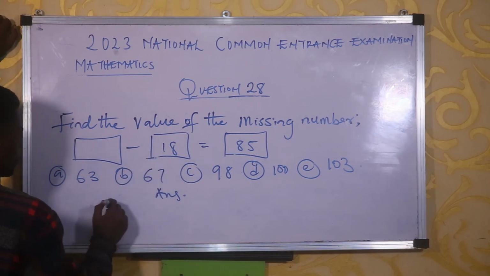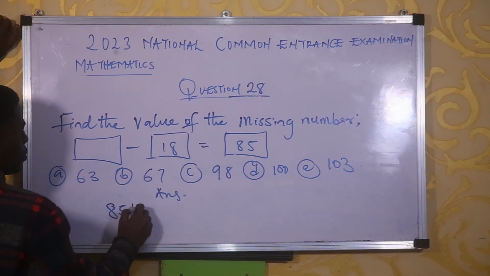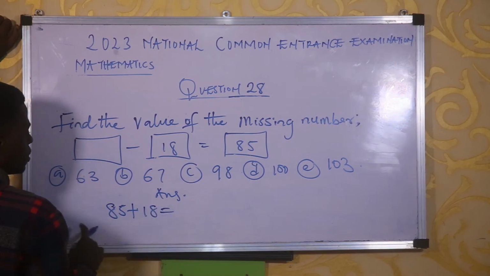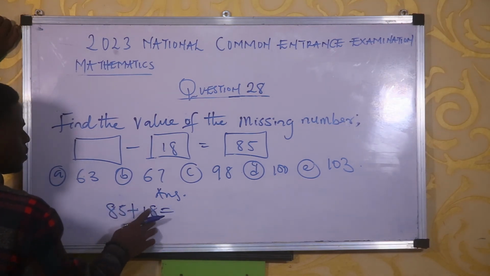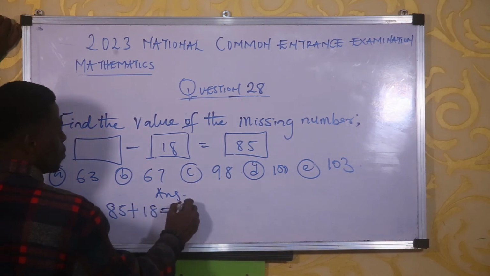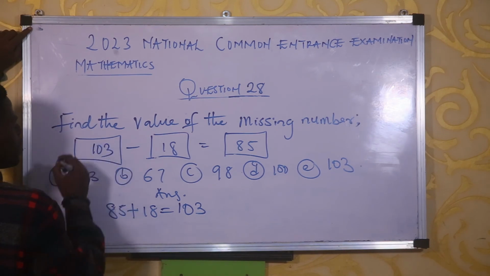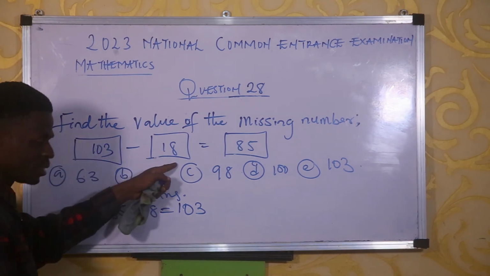Look at it now. You say 85 plus 18. 85 plus 10 gives us 95, plus 8 gives us 103. So our answer here will be 103, since 103 minus 18 will give us 85.